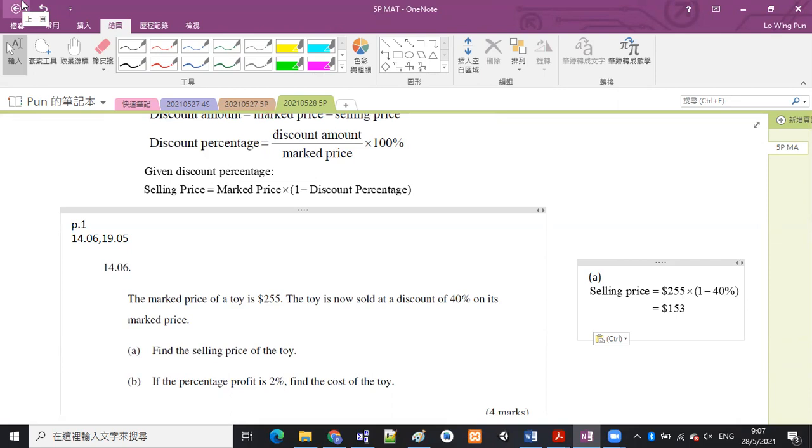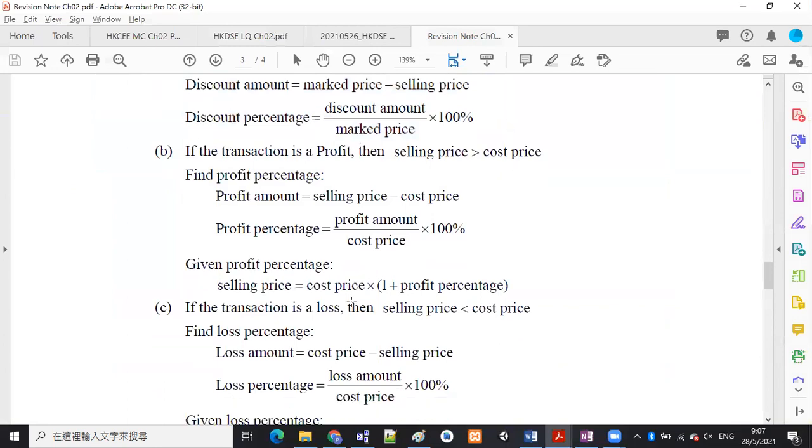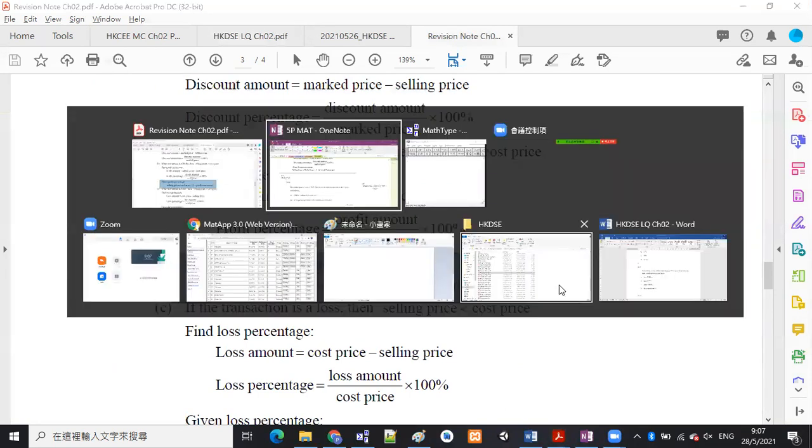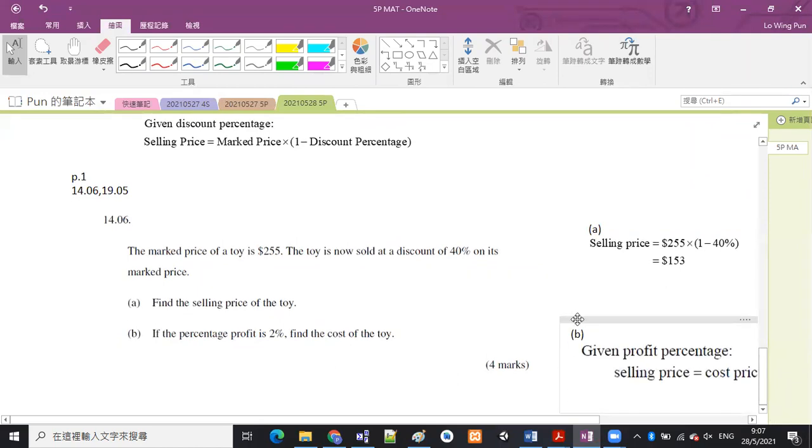Selling price is equal to cost price times 1 plus profit percentage. Can you find that line? Should be this one. Because it is given the profit percentage, we will start with this line. Selling price equals cost price times 1 plus profit percent. Like this.